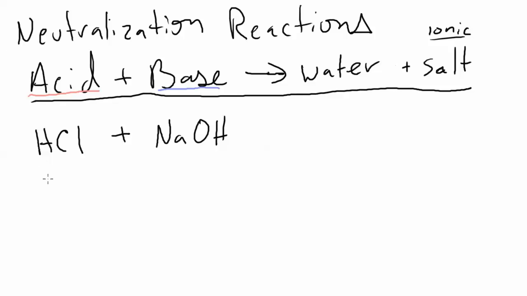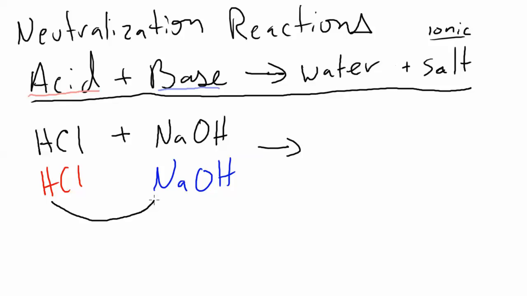In this reaction, like I just said, hydrogen chloride is the acid and NaOH is the base. Now, why do you always get water and a salt? Here is why. Basically, these are double replacement, double displacement reactions. This hydrogen is going to take the place of this sodium. So the hydrogen is going to take the place of the metal. And then look at what you're going to get.